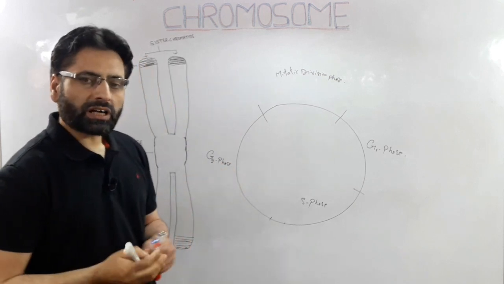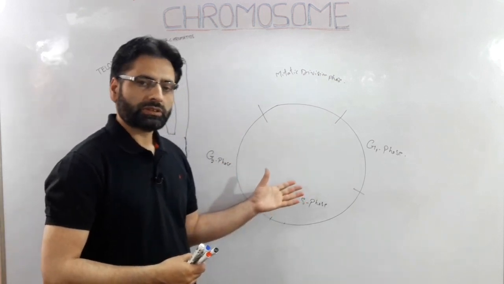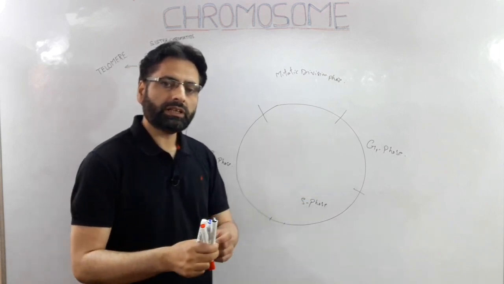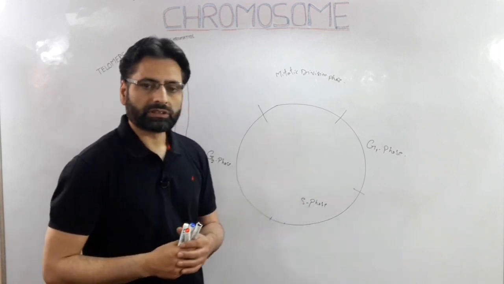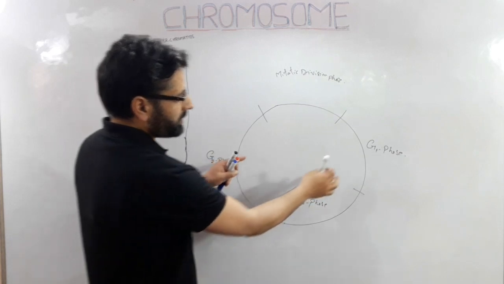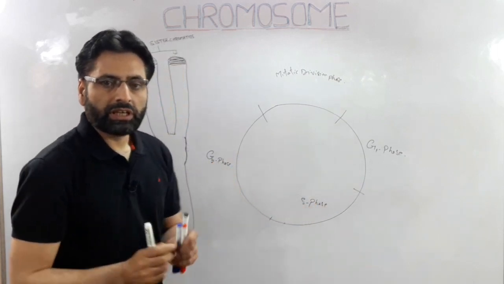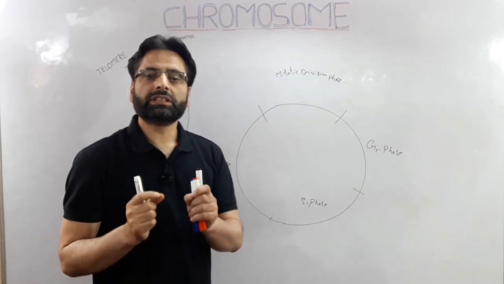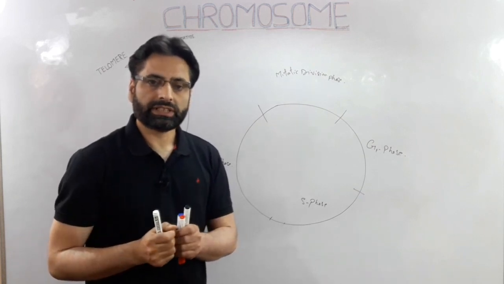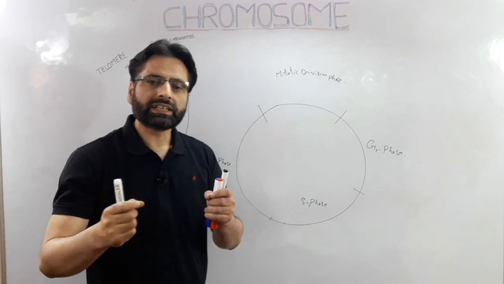These are the various phases of a cell which is undergoing division. In G1 phase, S phase and G2 phase, the genetic material is in the form of chromatin, that is, a thread-like structure.